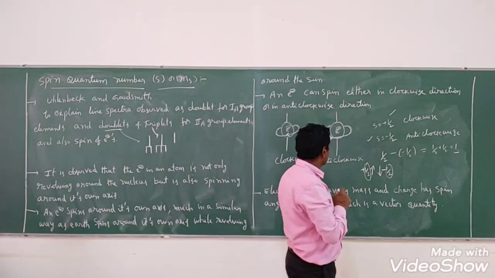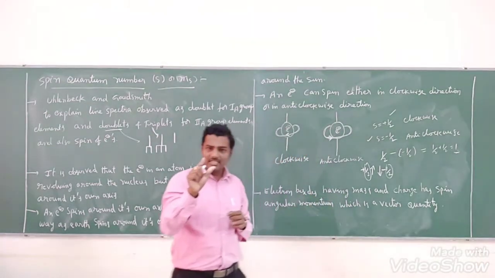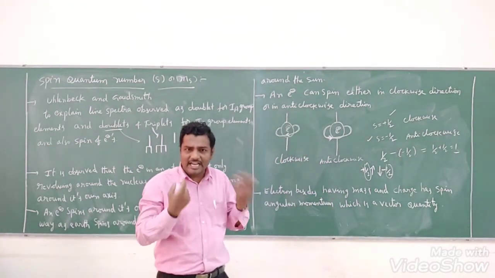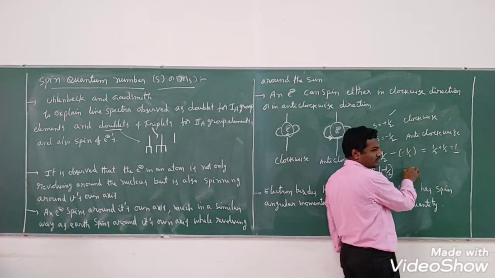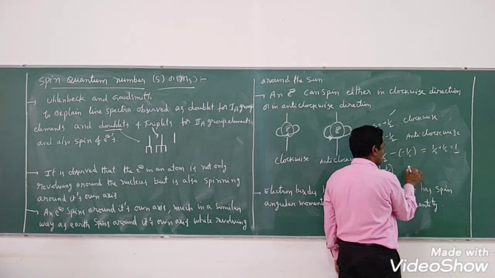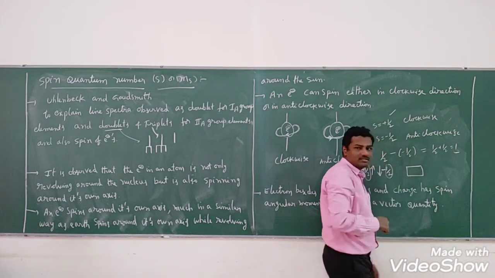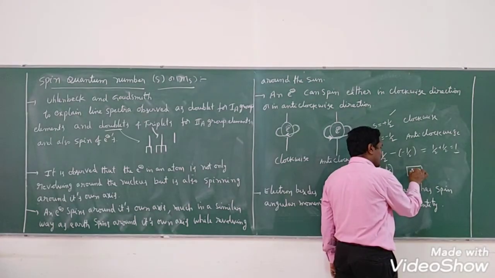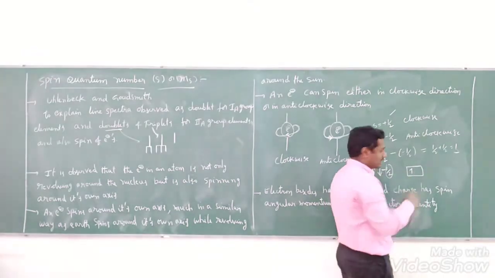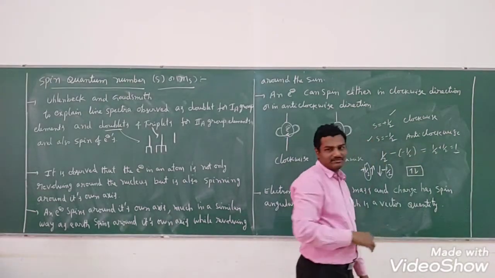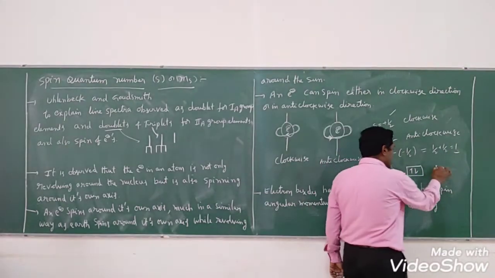Magnitude should be same, sign should be negative. And that too, if you take any orbital, how many electrons we can accommodate maximum? 2 electrons. The 2 electrons should be opposite to each other. Opposite direction should be. How do we fill electrons? One is in upward direction, other should be in the downward direction. You should not fill like this.